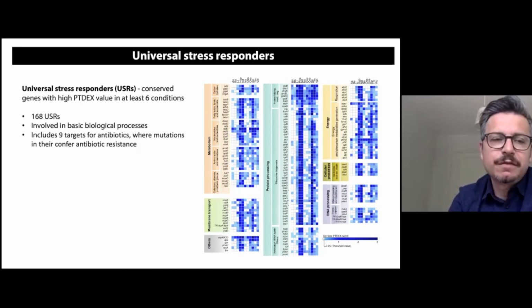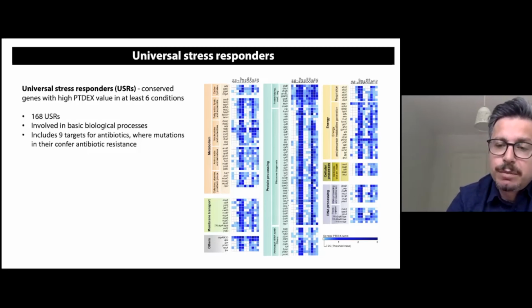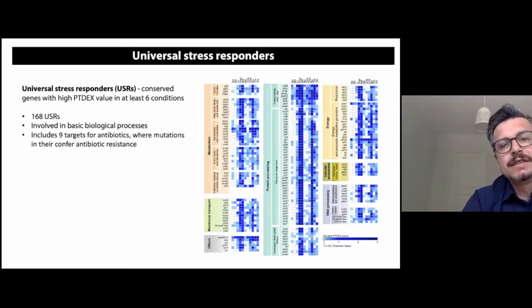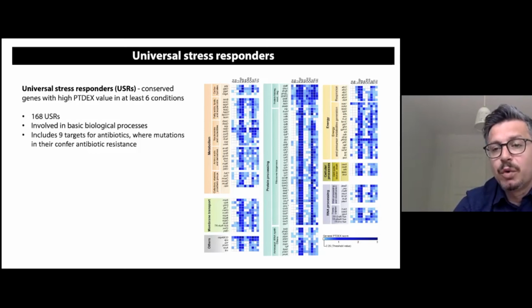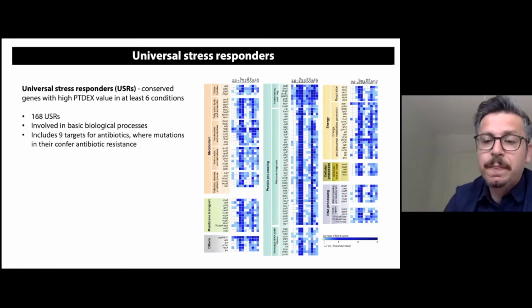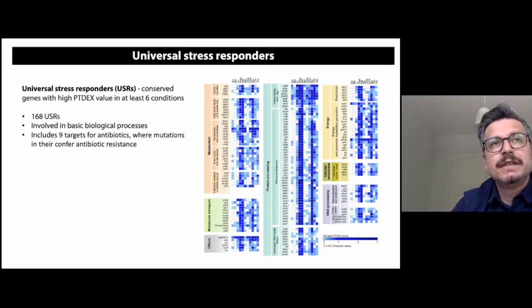And we could identify 168 of them that are involved in basic biological processes such as metabolism, protein processing, and RNA processing. And interestingly, we found 9 of those to be known targets for antibiotics, which indicates that the others in this group could be potential targets for novel antibiotics.